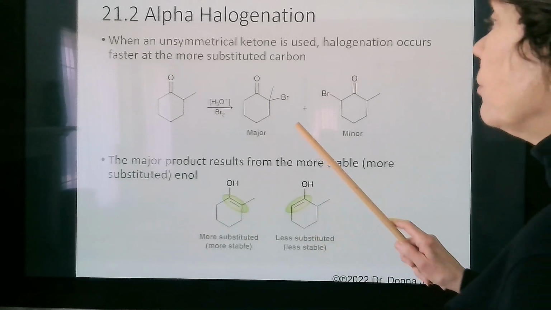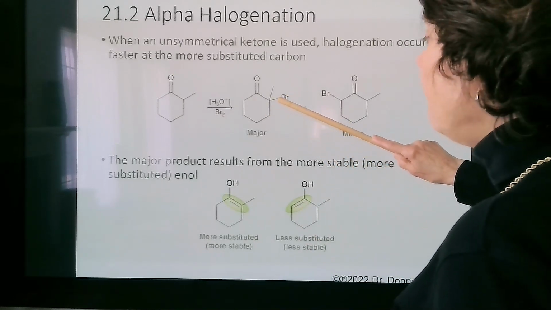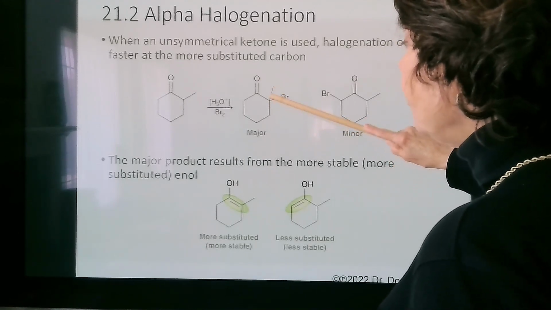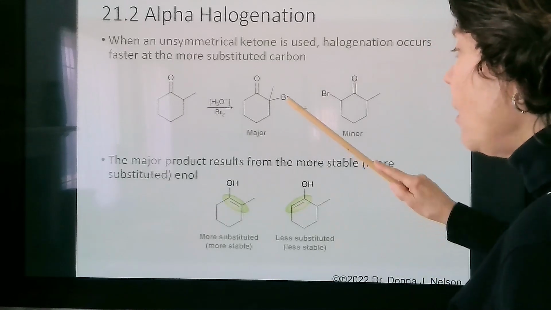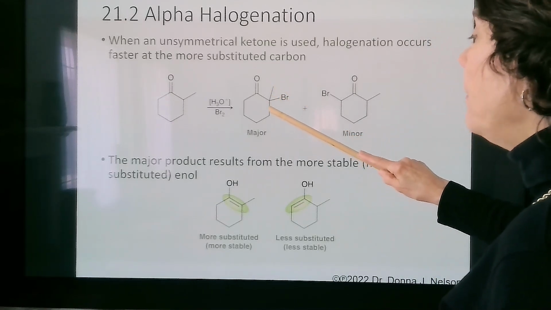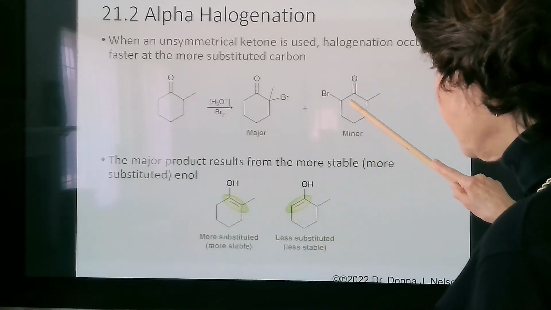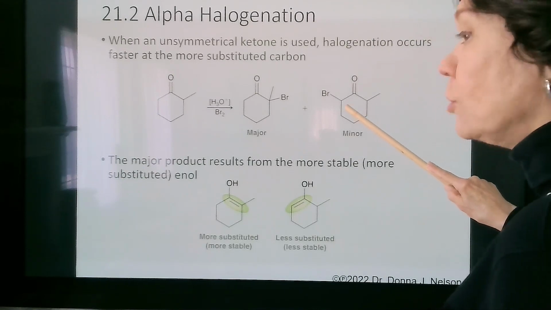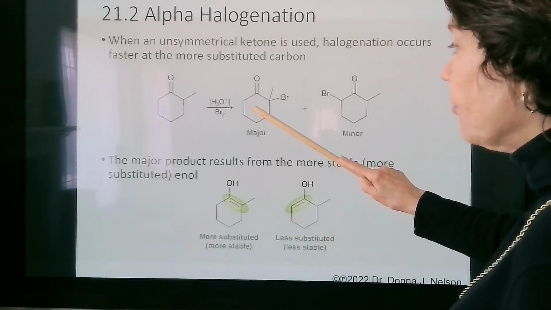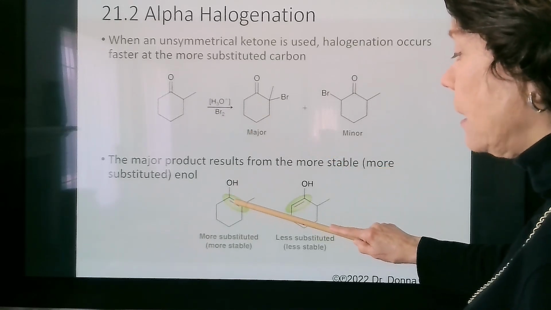When an unsymmetrical ketone is used, you will have bromination at the alpha position that bears the substituent. Even though this gives you the more sterically hindered product, and this minor product would actually be the more stable product, the reason for generating the less stable product is that you're going through the more stable intermediate.